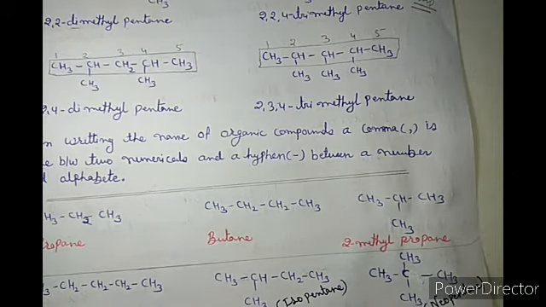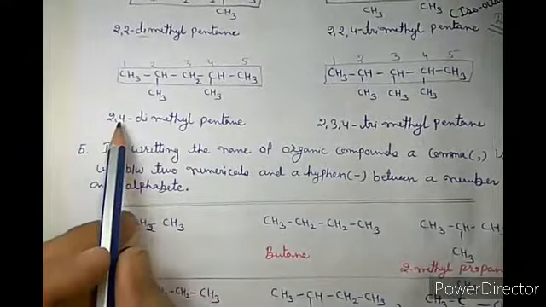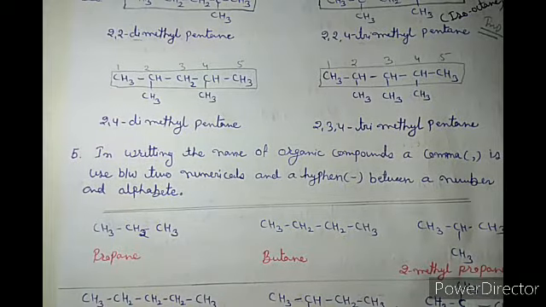Got it? The last rule: in writing the name of an organic compound, a comma is used between two numerals. If there are two numerical values, then we use a comma, and a hyphen between a number and an alphabet, as we used here and in the previous examples.